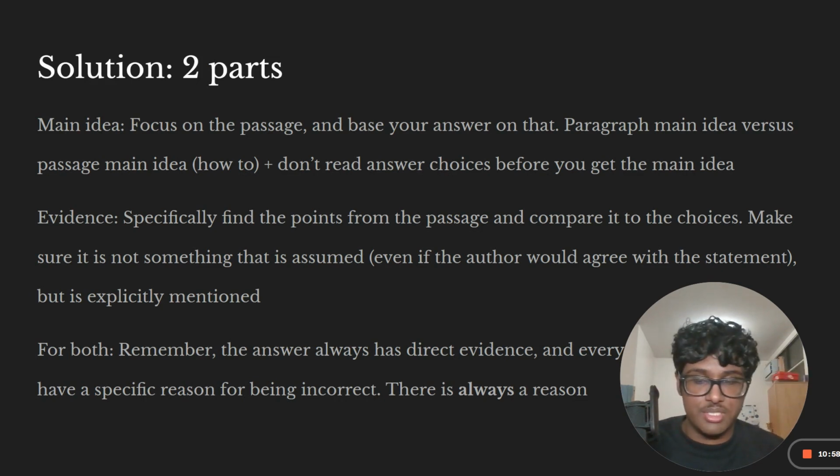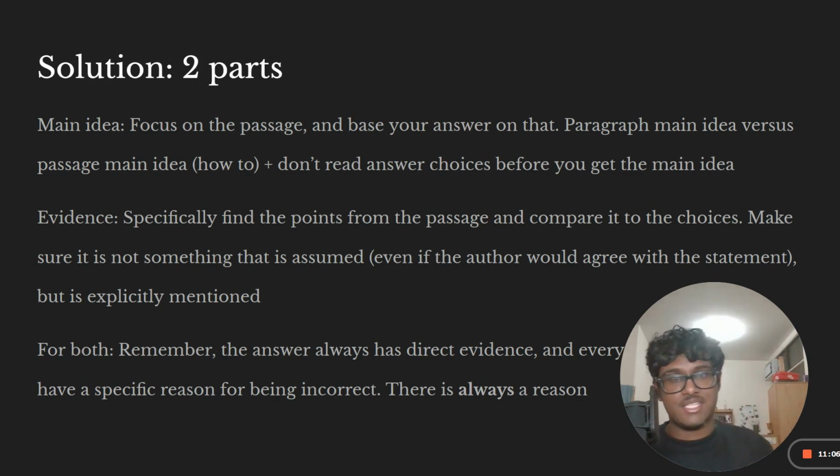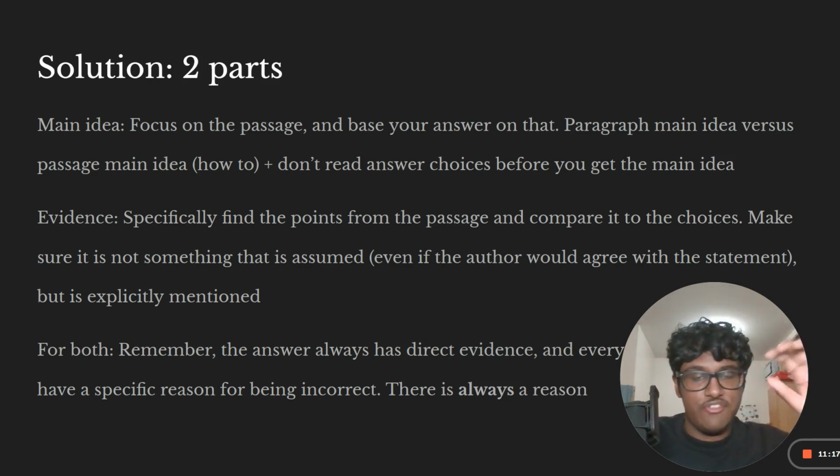Okay, so there's two parts to this solution, and there's something that you can do for both. So for main idea, I pretty much said it when I was telling you the problem, is that you need to focus on explicitly the passage and then look at the answer choices, right? Paragraph main idea versus passage main ideas, right? You need to look at, for paragraphs, specifically what the points of every single sentence are, and then find a main idea from that.